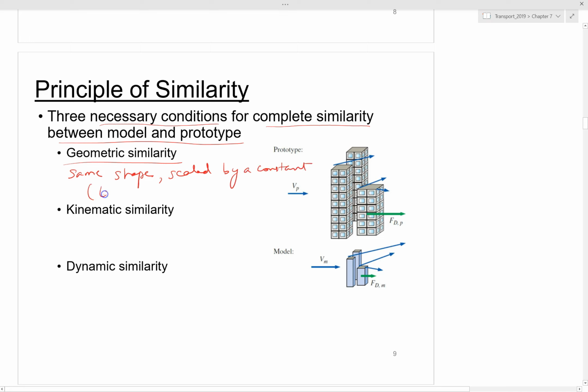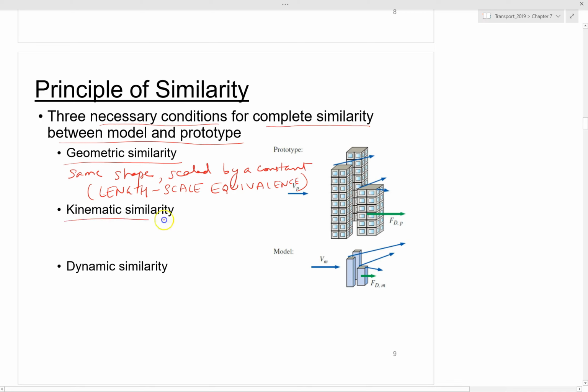So when you are scaling up for a geometrically similar system, you call it length scale equivalence. So your prototype and your model, the only way they are varying is based on the geometric length scale.